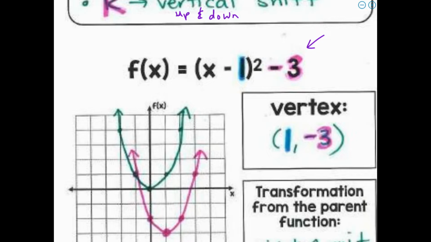So this green graph that I have drawn on my notes here is the parent function. My parent function is written f of x equals x squared.